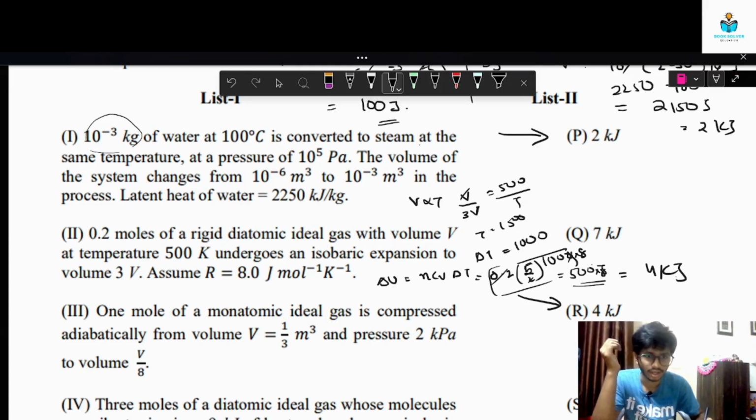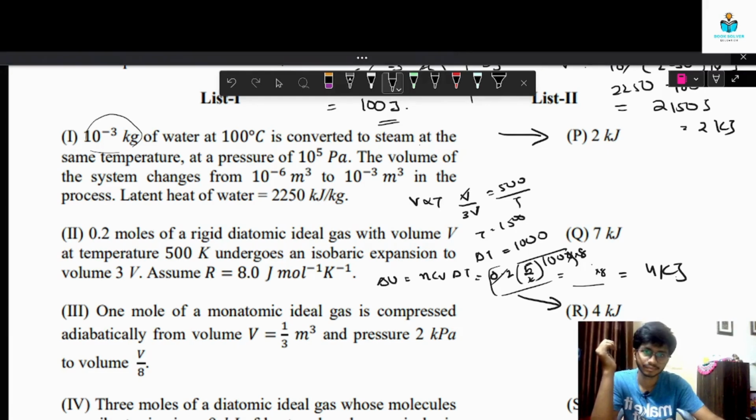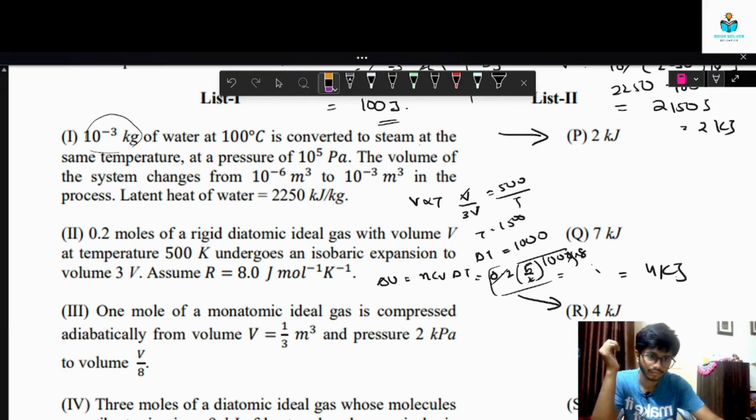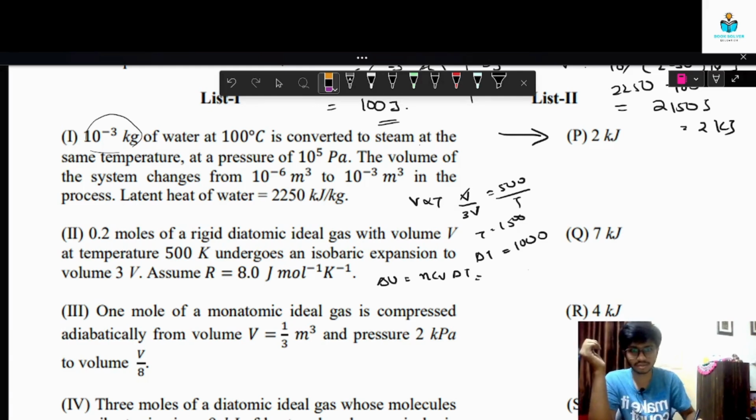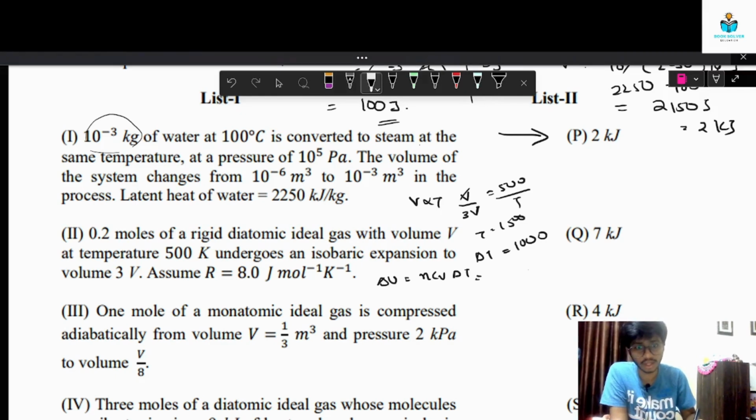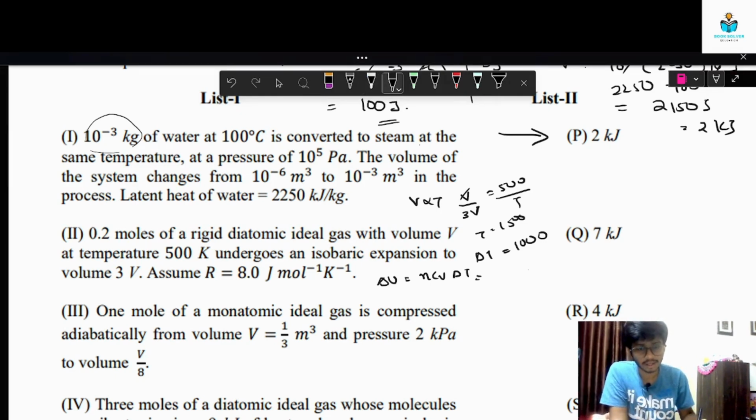So I'll rewrite this. I'll explain it again for better understanding. It's an isobaric process, so V is directly proportional to T, we know that, and we got T as 1500, so delta T is basically 1500 minus 500, that is 1000.